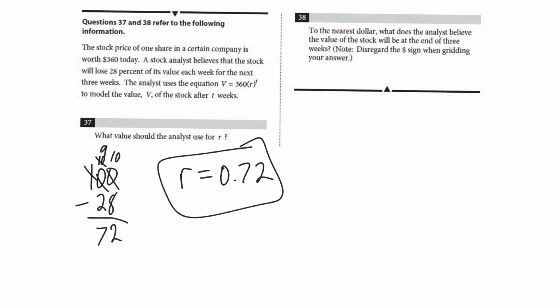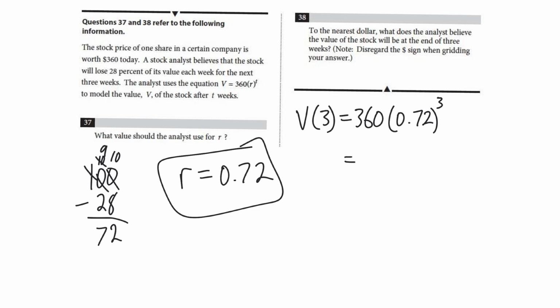All right, number 38. To the nearest dollar, what does the analyst believe the value of the stock will be at the end of 3 weeks? So we know that we're doing V of 3. The value after 3 weeks is 360. Remember that our R value is 72 hundredths, and our T, time, is going to be 3.